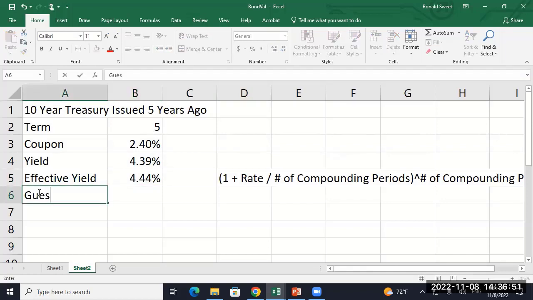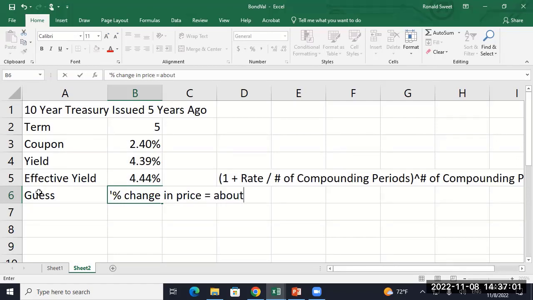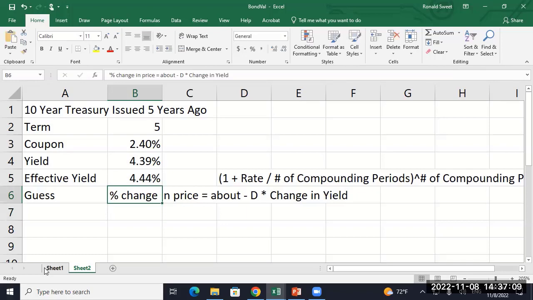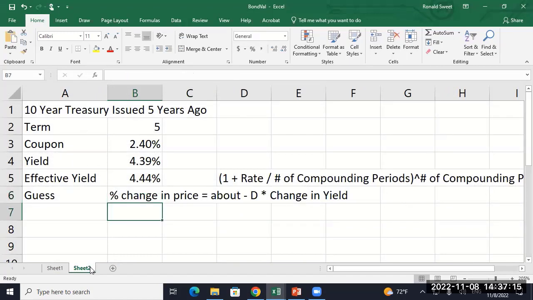So I like to start off with a guess. We know the percentage change in the price is going to be about minus duration times change in yield. What was the duration on our last 5-year bond? 4.5 years. So let's try 4.5.